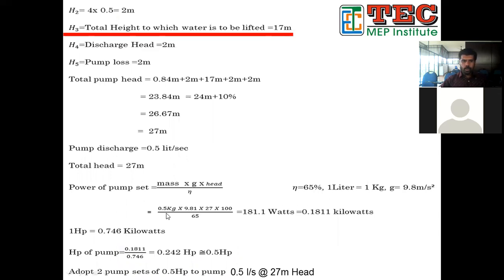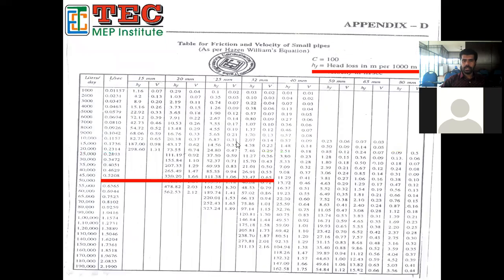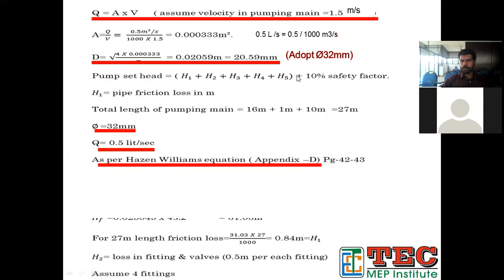This is the formula, 0.5 into 9.81 into, this is not 27, this is 22.9, divided by 0.65. No, it is not multiplication, it is additional. Don't multiply it. We are adding 10%, right? So it is plus 10% safety factor.